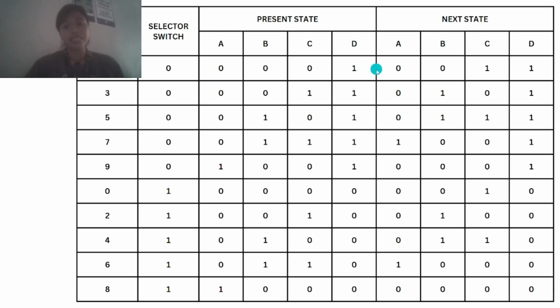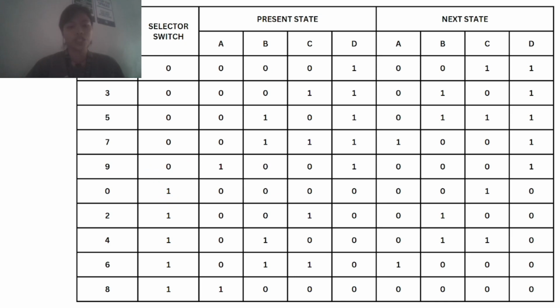Then in the next state, it will turn into 3, and when the present state has a value of 3, its next state will be 5. Then in the present state of 5, since we use the turn off selector, it will be redirected to the next state with a value of 7, and so on and so forth.